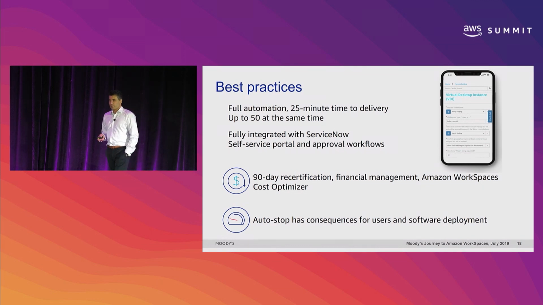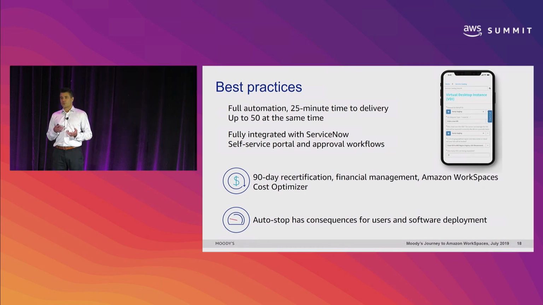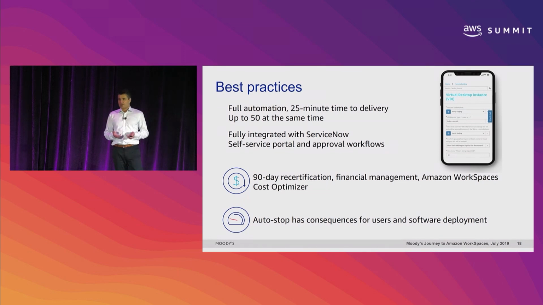This cost optimizer tracks usage, and based on the usage, it converts the workspaces into auto-stop mode or always on, the monthly model or the hourly model. The auto-stop mode means that after 1 hour of inactivity, the workspace suspends itself. So from a financial perspective, that works pretty well for us.